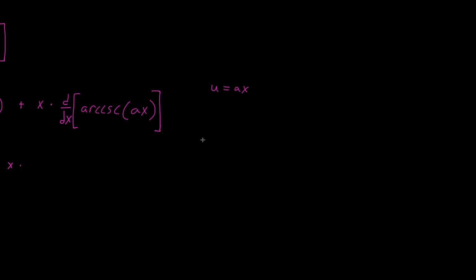We have u equals ax, and then we're left with d/dx of arc cosecant of, excuse me, of u, because we substituted ax as u.